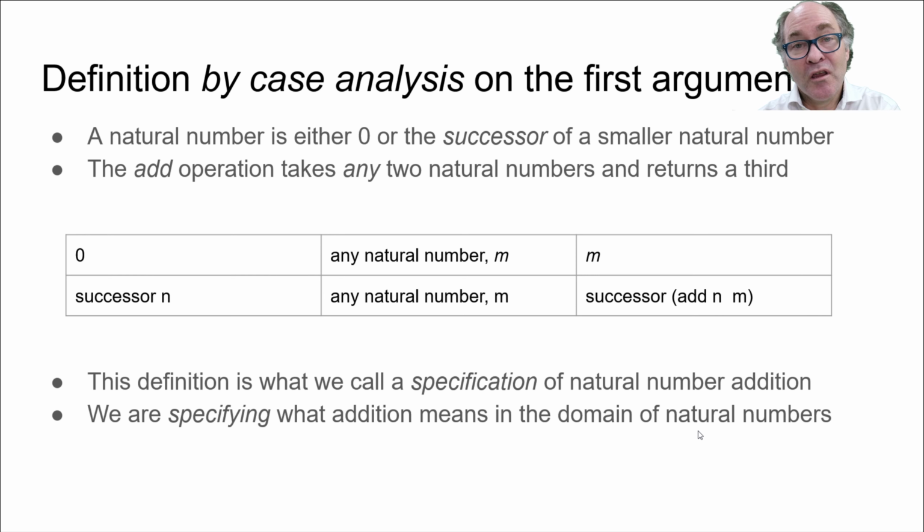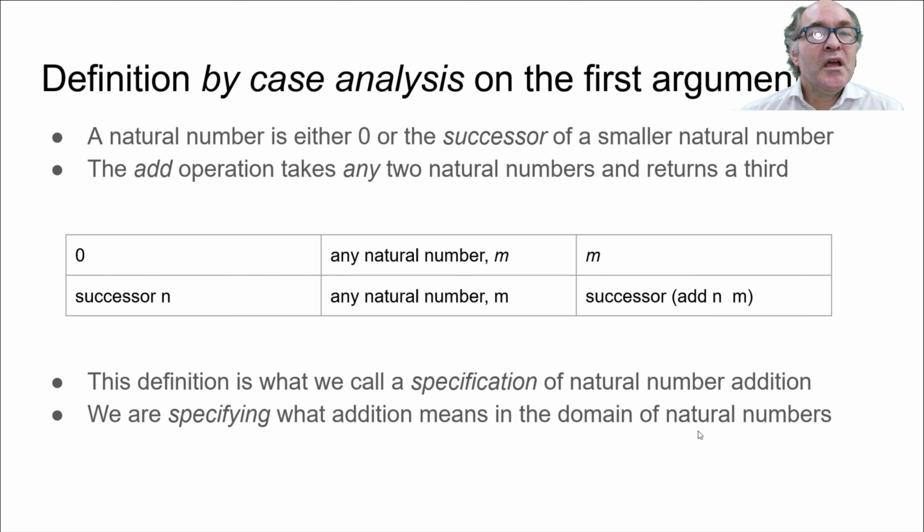If the first argument is the successor of n, what we're going to end up doing is applying that many successor functions to m. So if n represents 2, successor of successor of 0, and m represents 1,000,000, we're going to end up with the successor of the successor of 1,000,000, which is 1,000,002, which is just what we want.